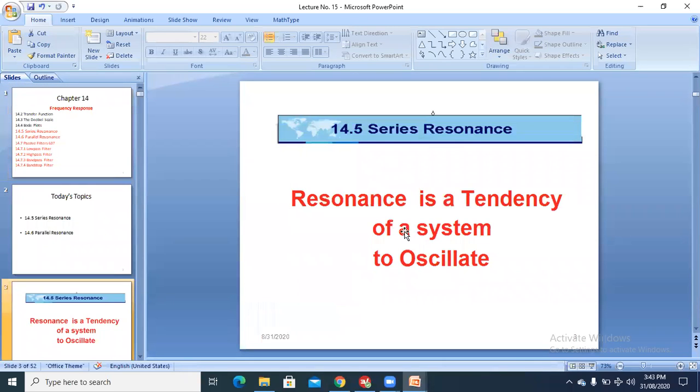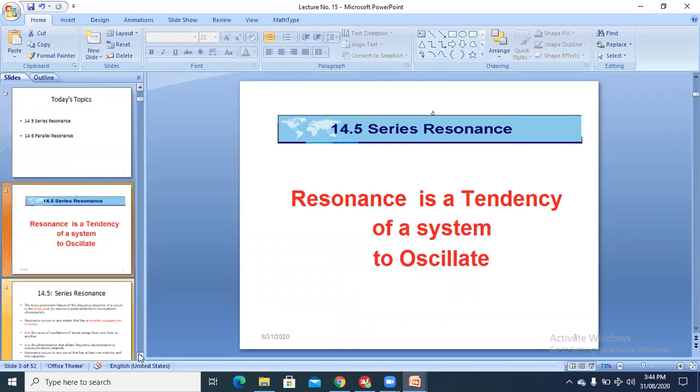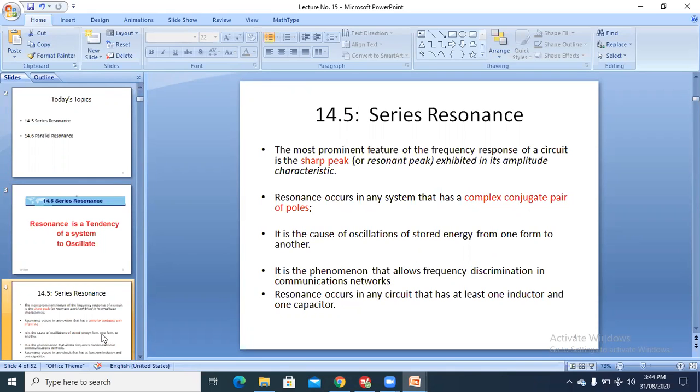So resonance is a tendency of a system to oscillate. It is, in fact, a very important concept in RLC circuits. And in RLC circuits, we have the complex conjugate pair of poles.